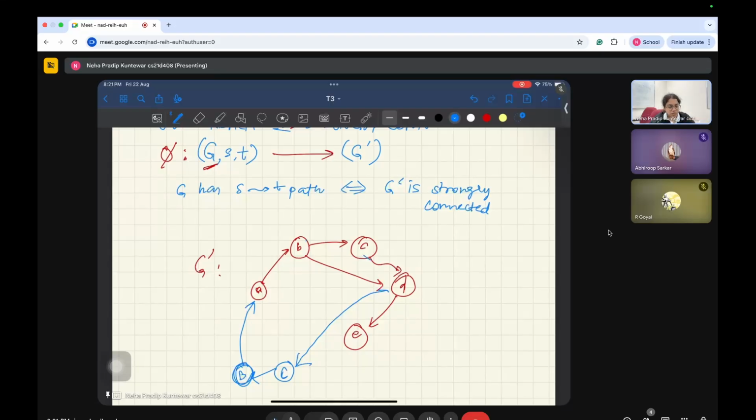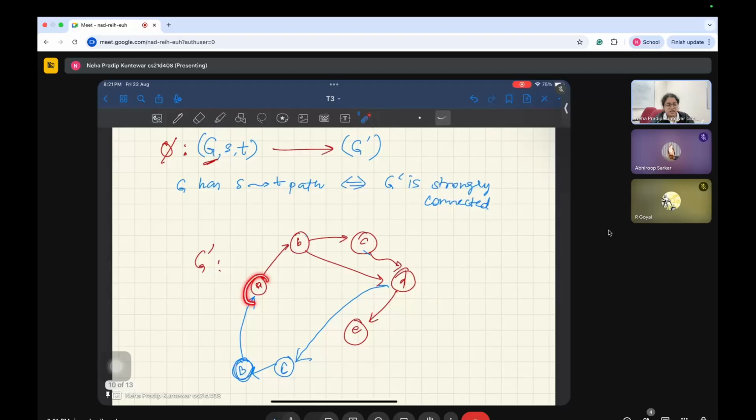I'm just inverting each edge. So whenever there is an A to D path in the original graph, I'll have a D to A path in the new graph.